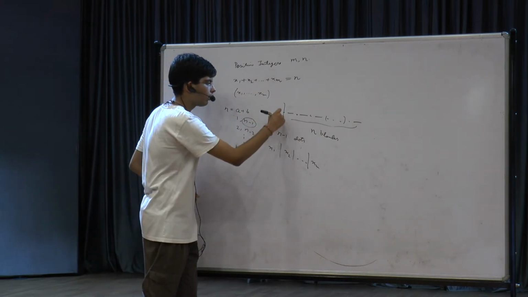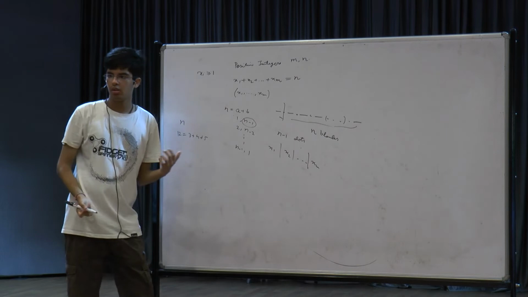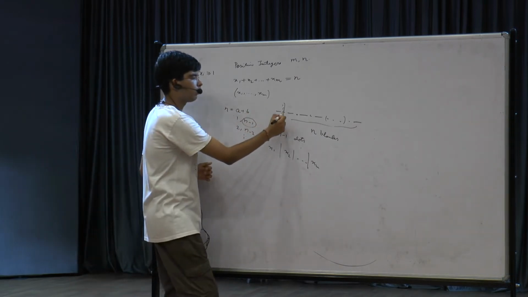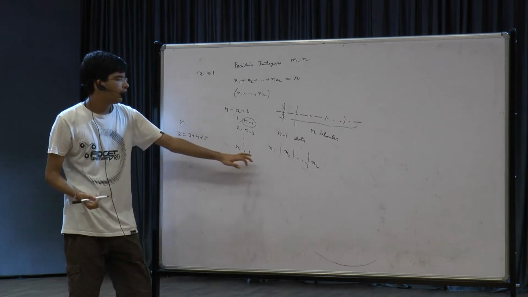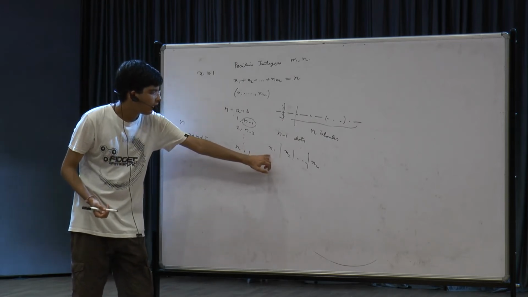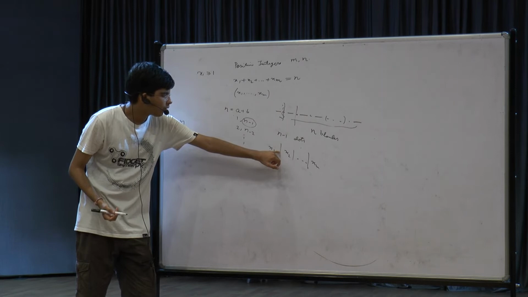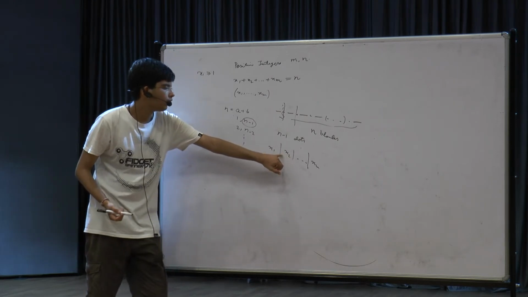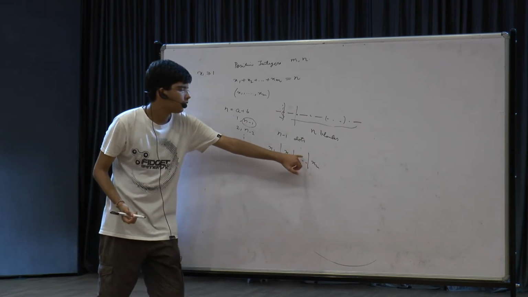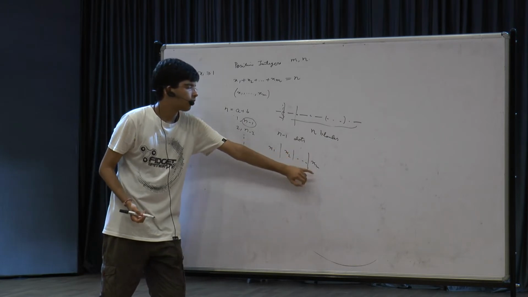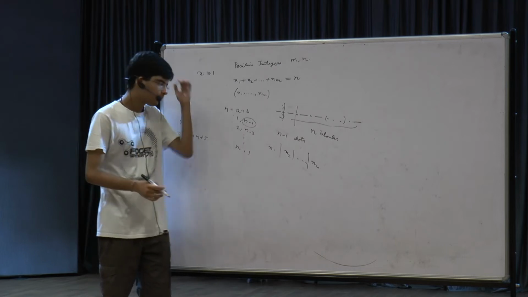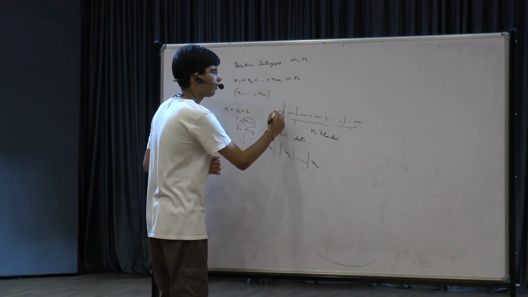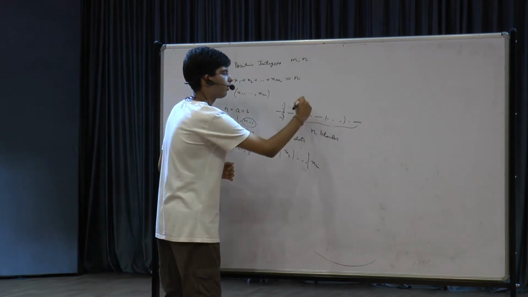So if I chop off this dot, then I will get x1 equals 1. If I instead chopped off this one, I would have gotten x1 equals 2. And chopping off 1 dot will give you x1, for 2 dots will give you x2, for m minus 1 dots will give you xm minus 1. But the mth one is then automatically given to you, because whatever is left, you put that in xm. So in a sense, we have to take off m minus 1 of these dots from here.